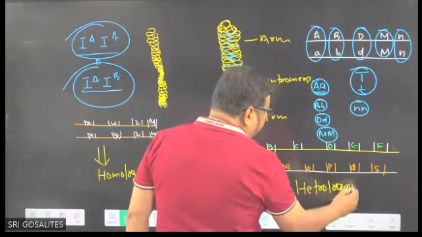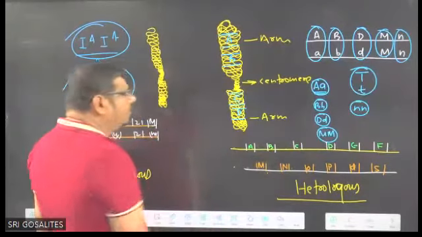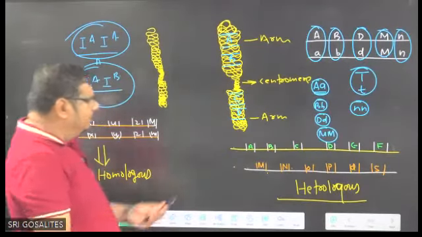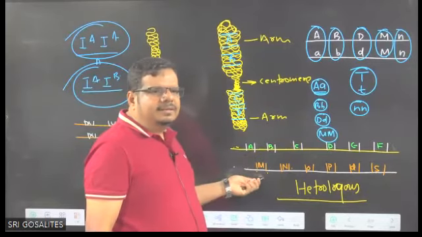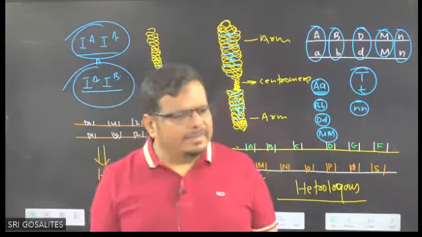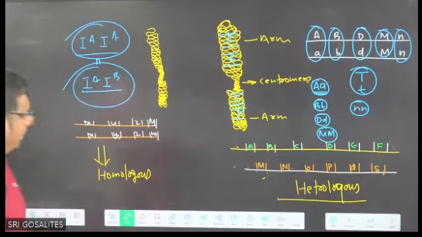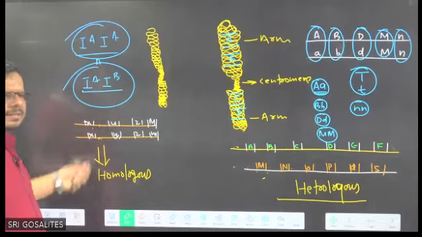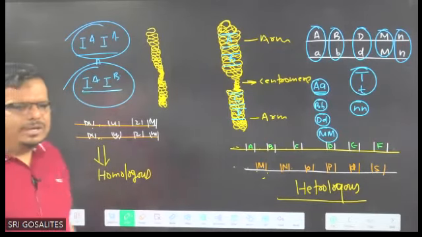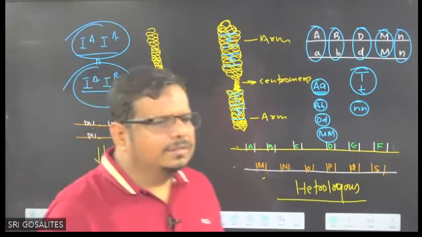So the terms homologous and heterologous are used for chromosomes. These two chromosomes do not have the same length. They don't have the same gene. That is the reason we are saying they are heterologous. And here we are saying it is homologous, because their lengths are the same and they have the same gene. Clear? Understood? Is it all right?